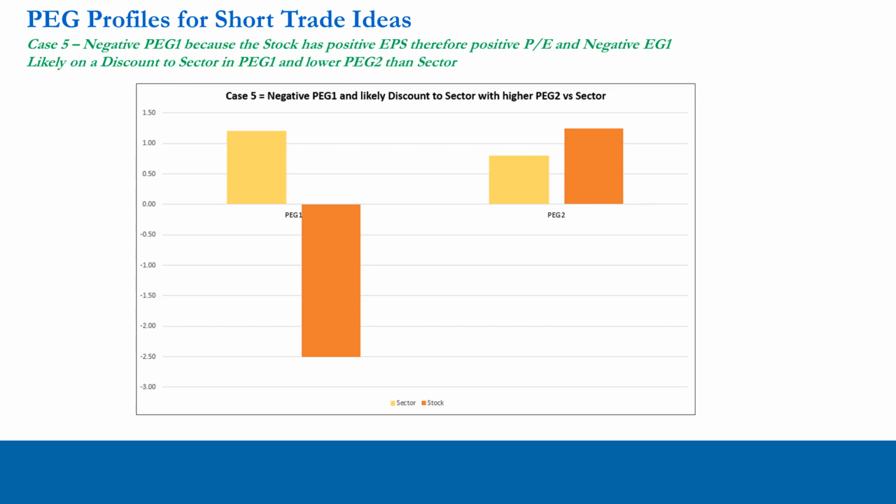So in period 1, it's likely that the negative PEG is going to be on a discount to the sector, and in period 2, the positive PEG is going to be on a premium to the sector, but it could actually be the same or lower depending on the relationship between EPS and the percentage number. So depending on how the numbers have changed from period 1 to period 2, we can get a PEG that's the same or lower, but it's likely that it's going to be higher.